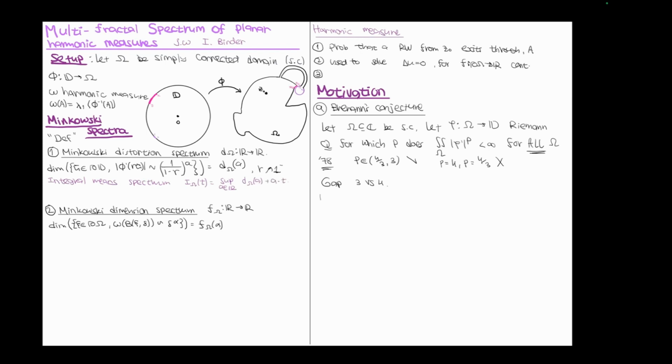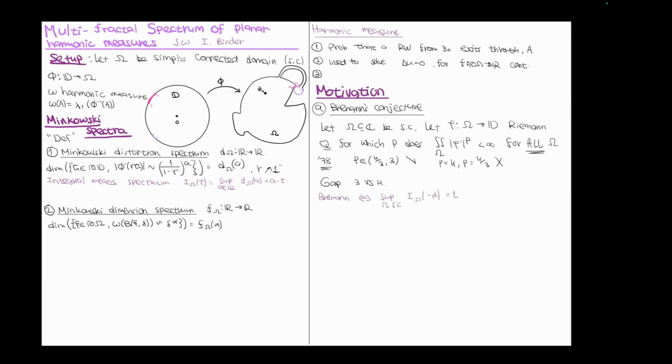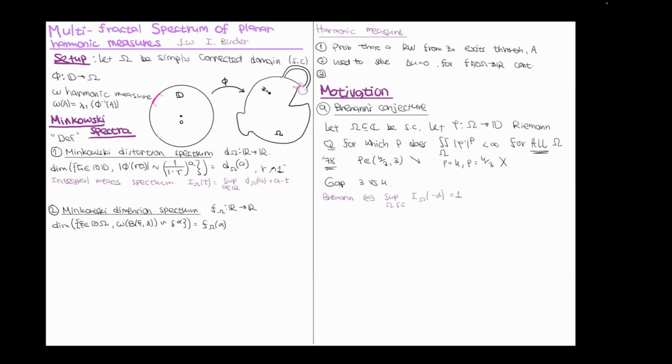And Brennan's conjecture holds if and only if, when you look at the universal integral mean spectrum, so you take supremum over all simply connected domains, and you evaluate the integral mean spectrum at -2, then you get 1. So in a sense, knowing something about the distortion spectrum will give us information about the integral mean spectrum, which in turn might help us solve Brennan's conjecture.